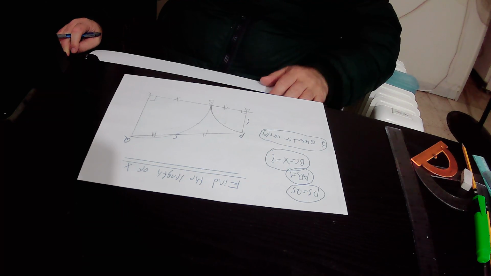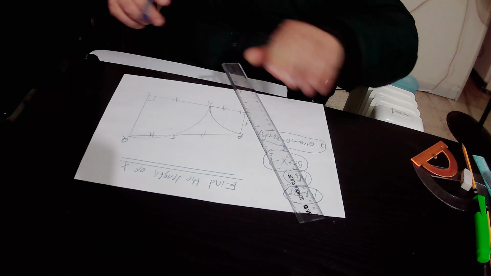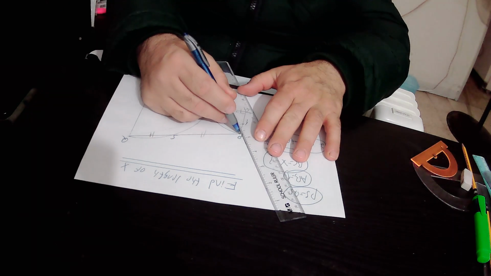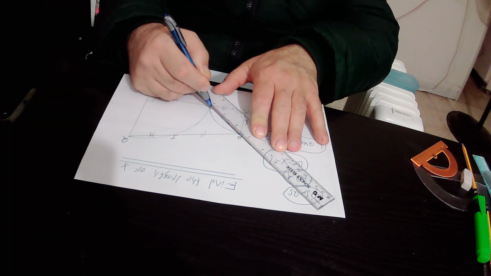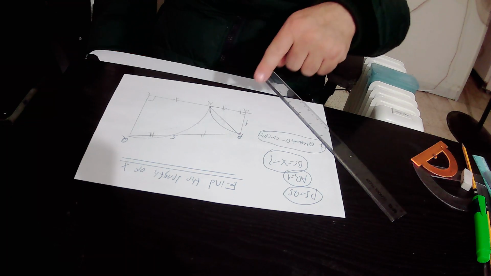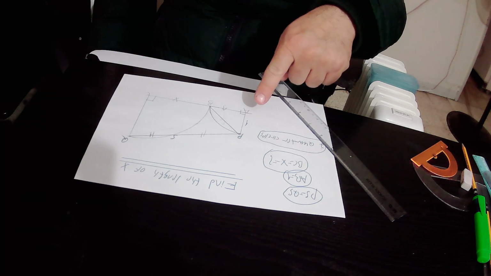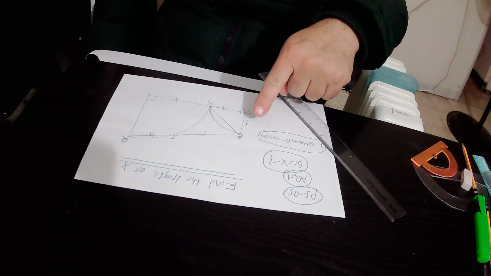In the next step, we join points P and B together by a straight line. By joining points P and B, we created the right triangle PAB. So I copy the right triangle PAB.